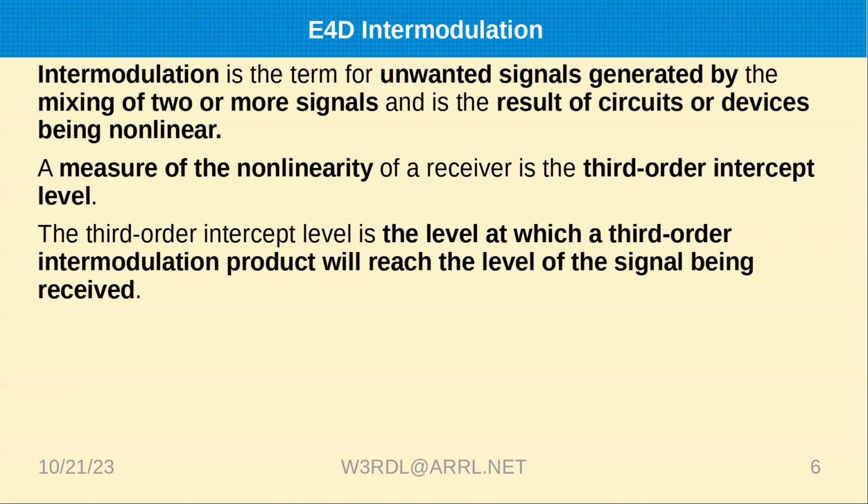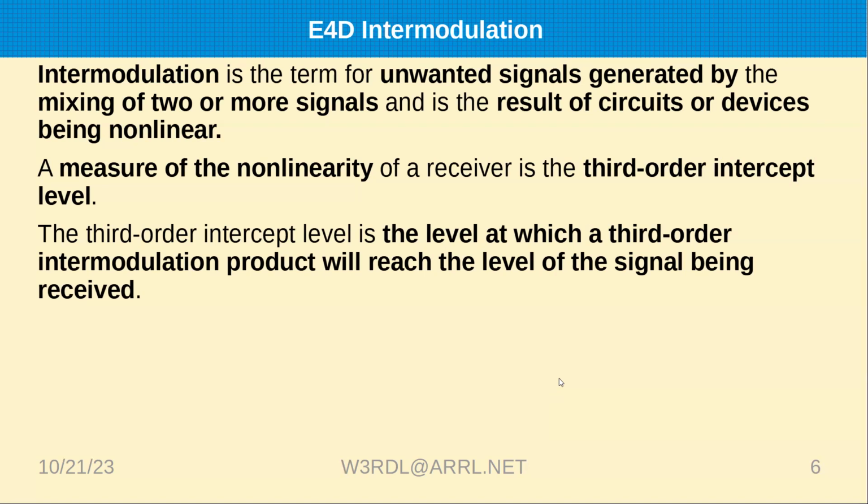And it turns out that the third order, being farther away, has some intermodulation products which happen to be the closest to your actual carrier level. So they define here simply the third order intercept is the level at which the third order intermodulation product will reach the level of the signal being received.